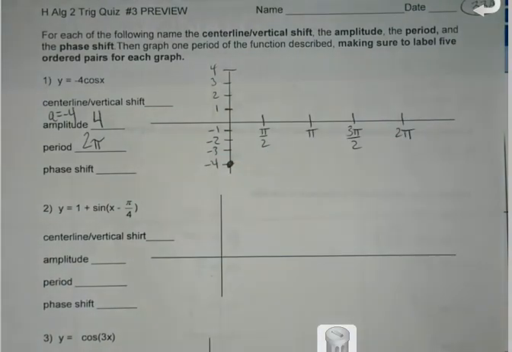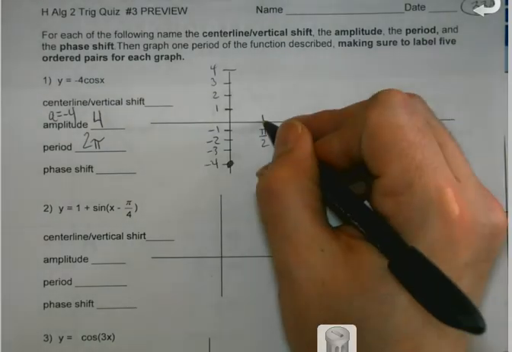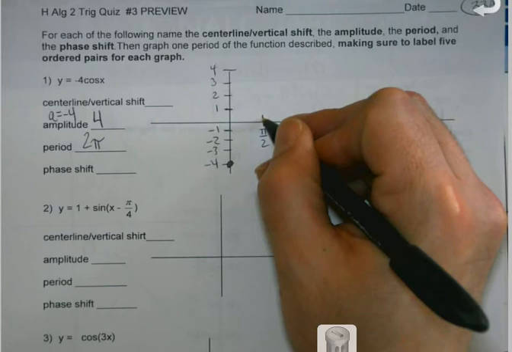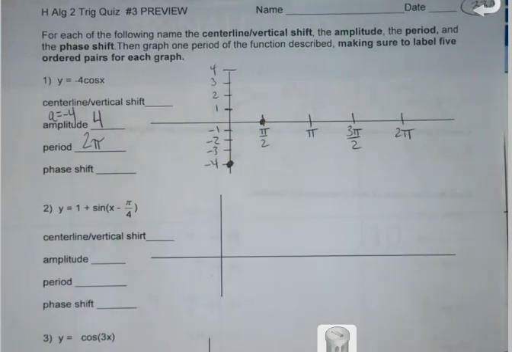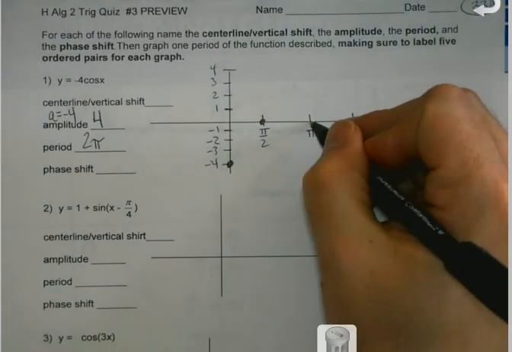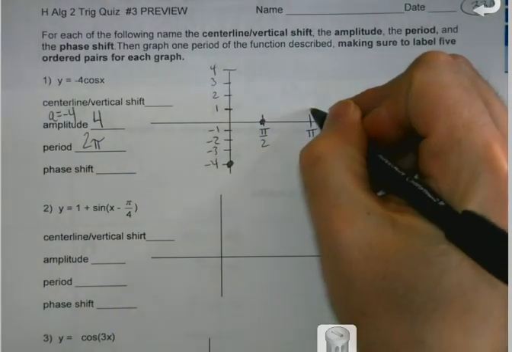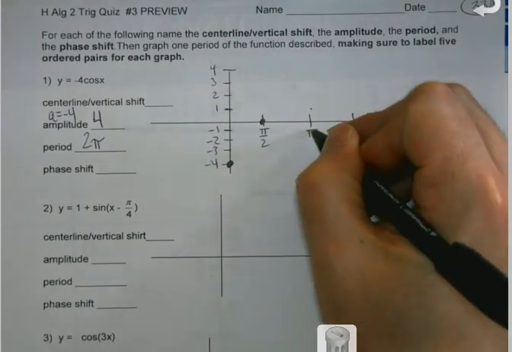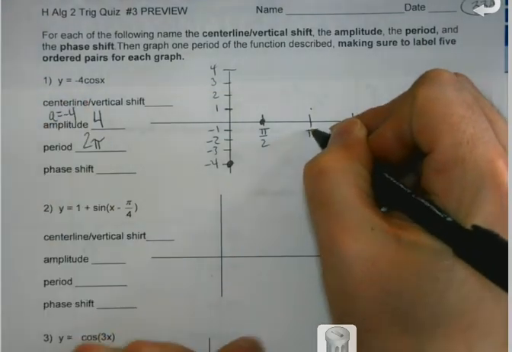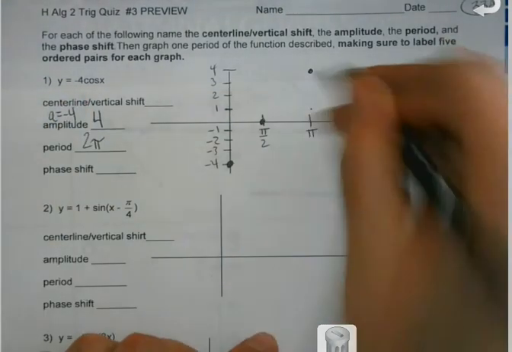I'm just going to multiply each of my y values by the amplitude. Normally here I'm at 0, I'm still going to be at 0. At pi, normally I'd be at -1, but when I multiply it by -4, I end up at +4.